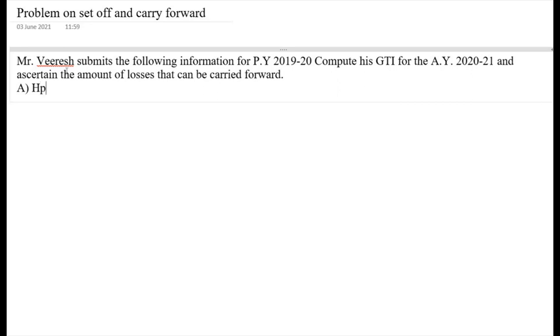House property. House number 1, income rupees 1,20,000.